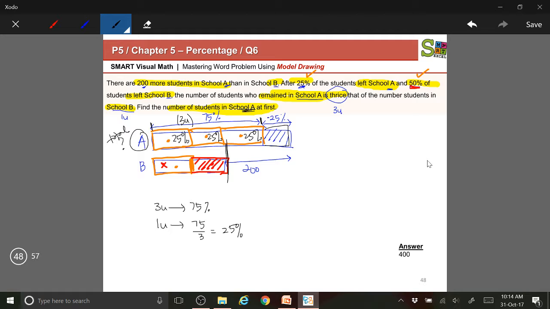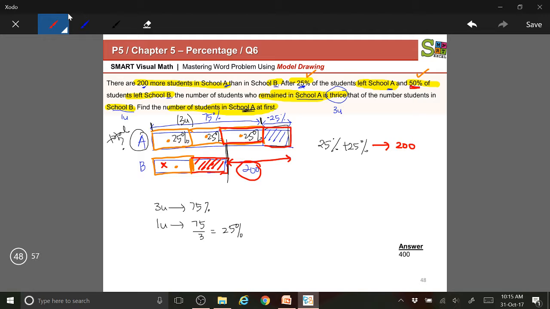Let me make you see here. This 25%, this is another 25%, so we can see the equivalent is this for the 200, which is equivalent to 200 students.